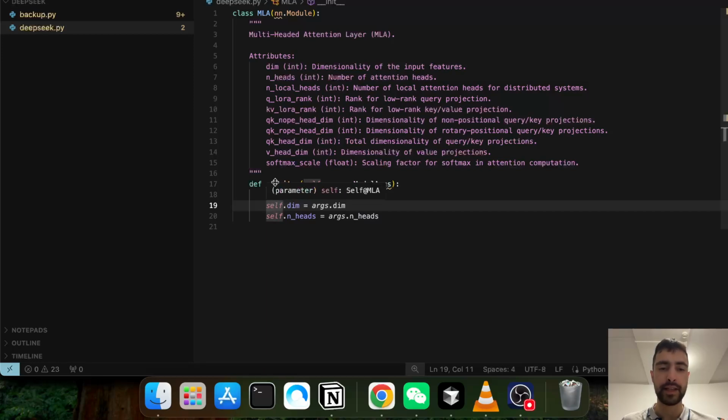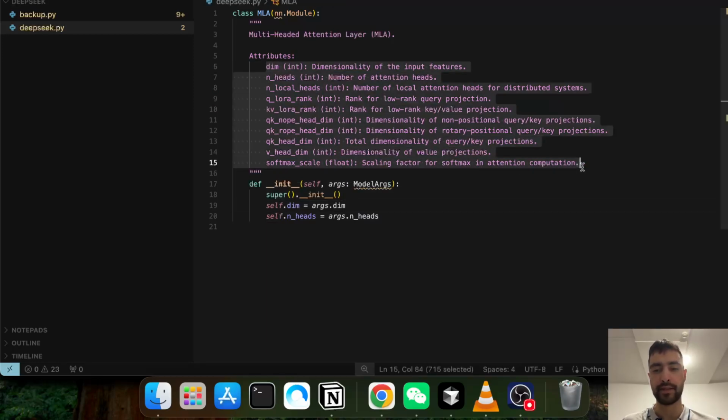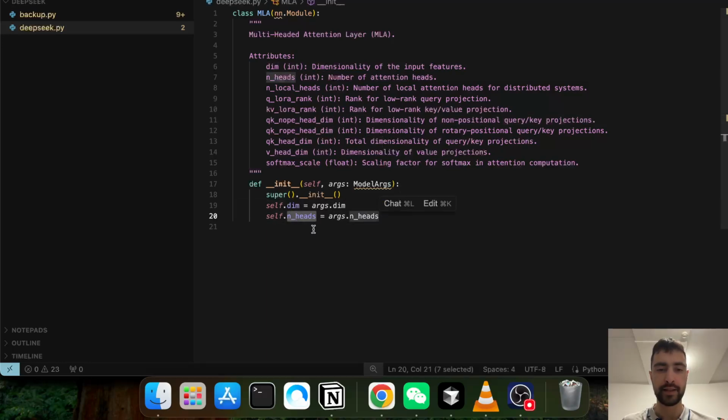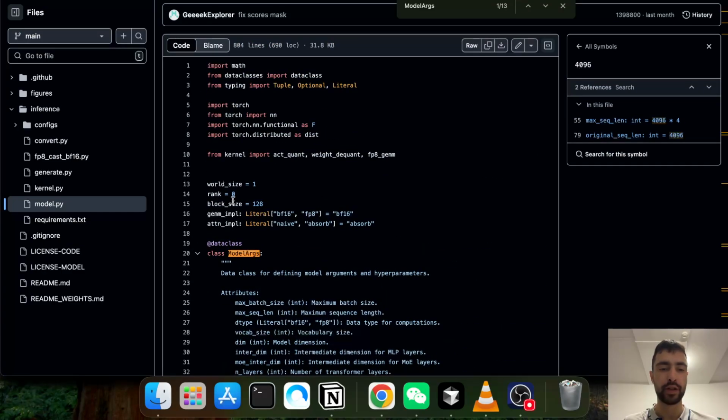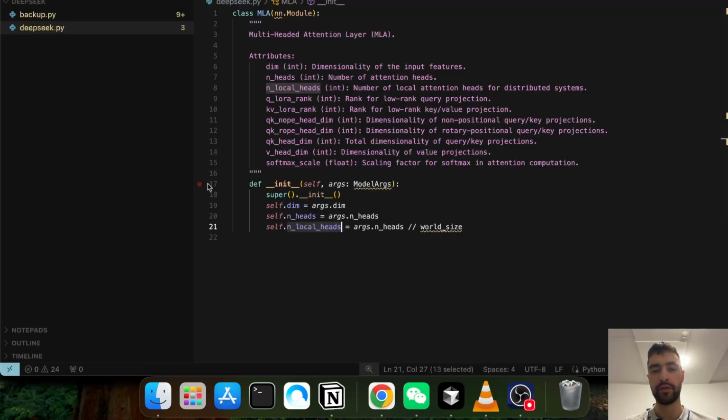Here in the init, we will just assign all of these that I wrote in the comments. Number of local heads is divided by the world size, which is the number of GPUs you have. Local heads, as I explained before, is the number of heads per GPU. In the code they have world size at 1, so only 1 GPU.